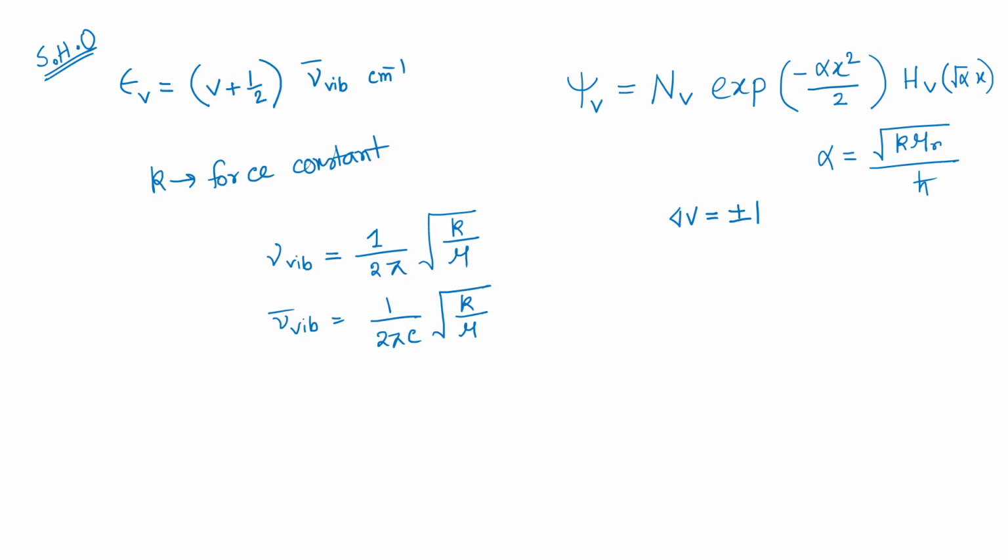Here x is how far it is from the equilibrium, not really the Cartesian coordinate. From here we will get the selection rule. I'm not going into that.